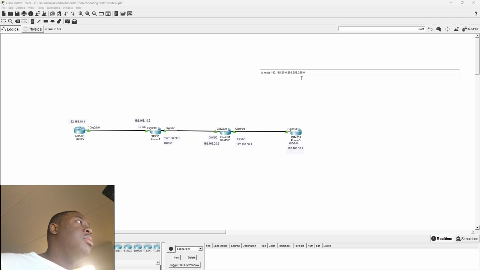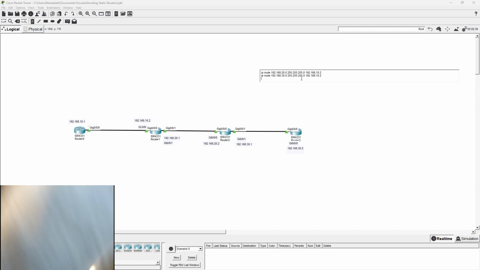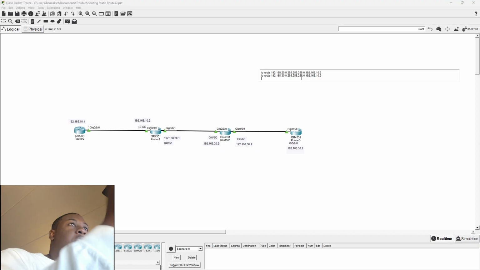You would have to do this ip route, and then the same thing for 30.0. These are the static routes you would have to configure to reach both the .20 and .30 networks.